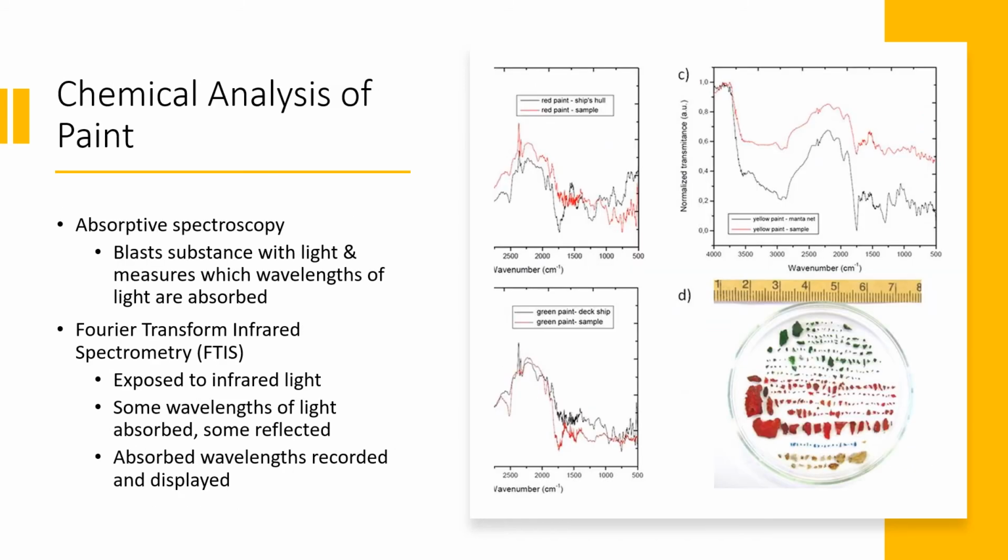So absorptive spectroscopy is where you're going to blast paint of a given color with light. Some of the light's going to be reflected and some of it's going to be absorbed. What this technique will do is characterize which wavelengths of light will be absorbed. So it's going to see what's reflected back and extrapolate what's absorbed in turn.